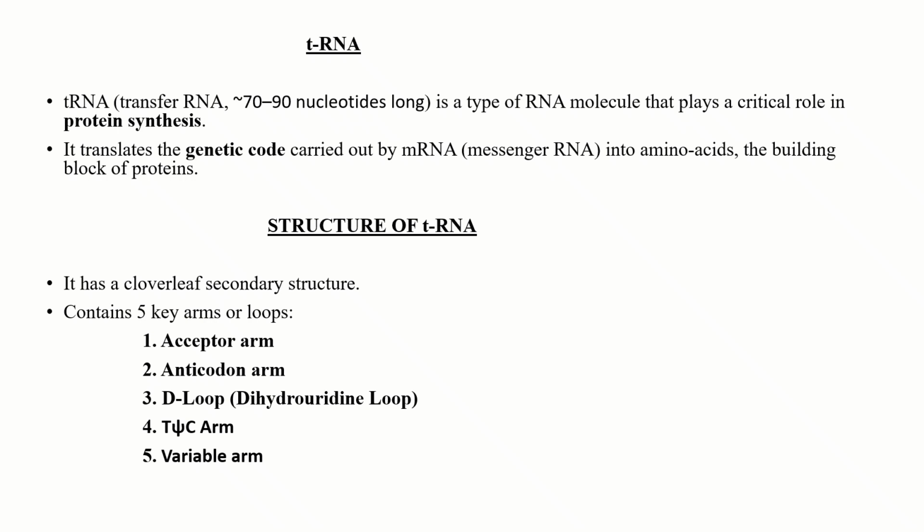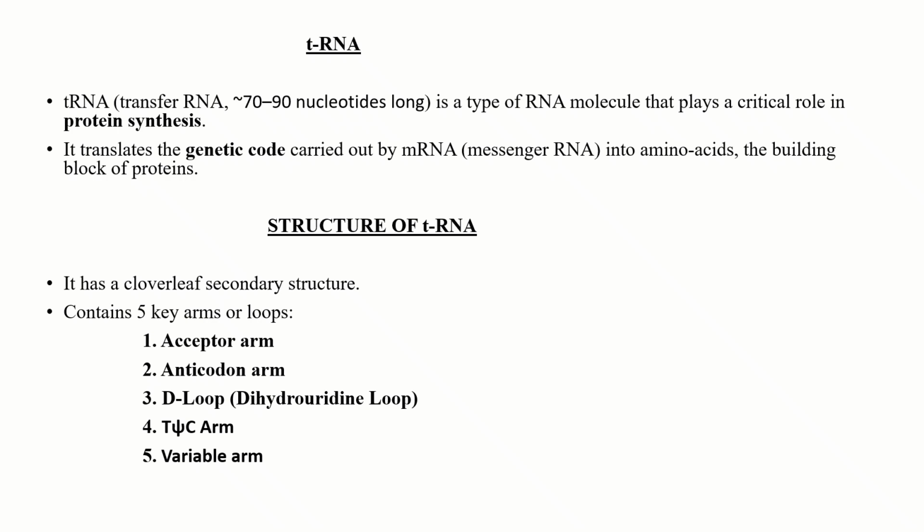So let's talk about the different arms of tRNA and their functions. First is the acceptor arm, second the anticodon arm, then the D loop, the pseudouridine arm and the variable arm. At the ribosome, the tRNA brings the correct amino acid to build the growing protein chain.